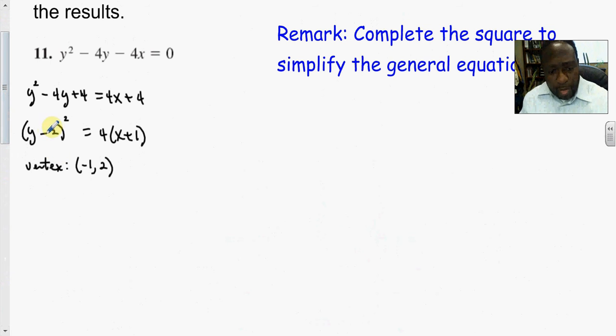It will curve to the right if the number 4 is positive. If this number is negative, it curves to the left. If it's x squared, then the parabola goes up or down based on the sign. If it's positive, it curves up. That is for x squared. If it's negative, it curves down.